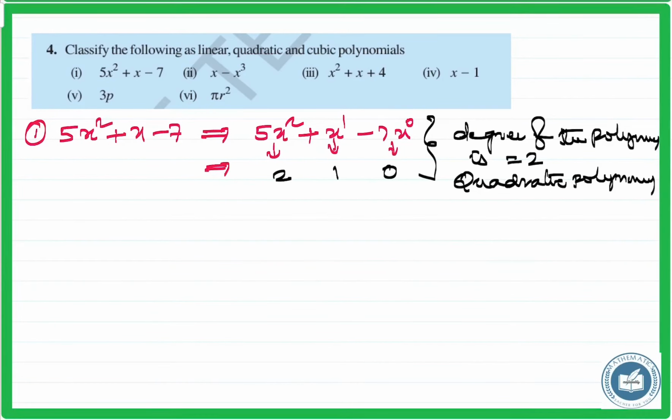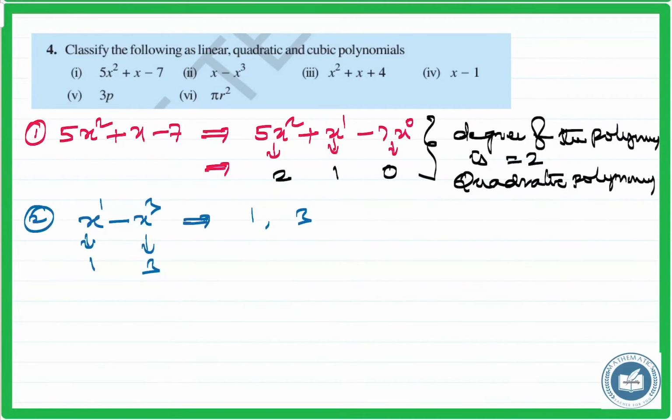Next, second one. x minus x cube. Here the degrees of the terms are 1 and 3. So 1 comma 3 are the degrees of the terms.